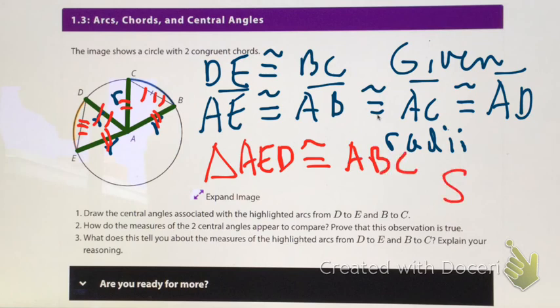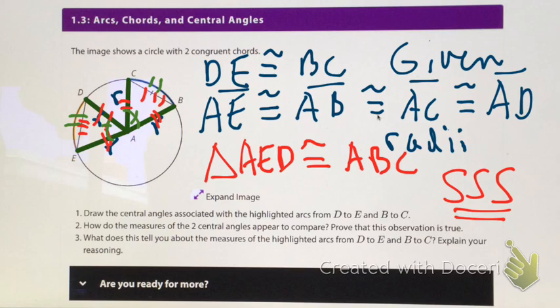We're going to go with the SSS theorem, because they have three corresponding congruent side lengths. And then once those are equal, then the angles are equal. Then you say, okay, those triangles are congruent, therefore the angles on the inside, those central angles, are congruent. If the central angles are congruent, then the arcs also must be congruent.